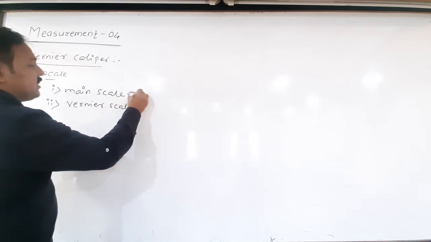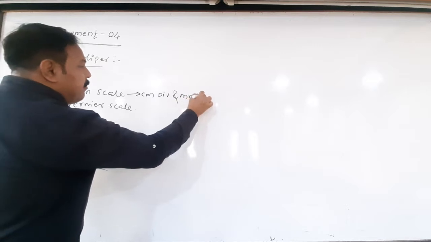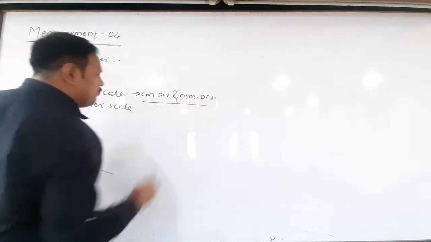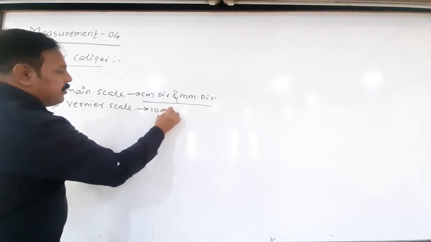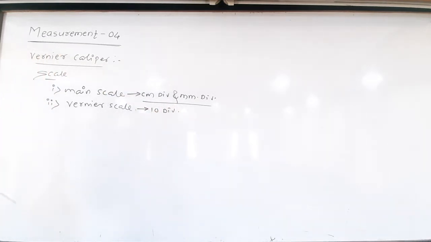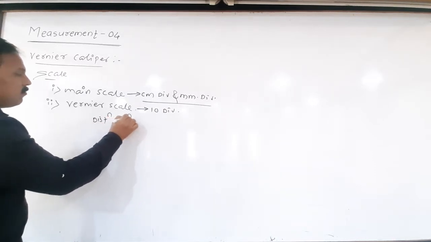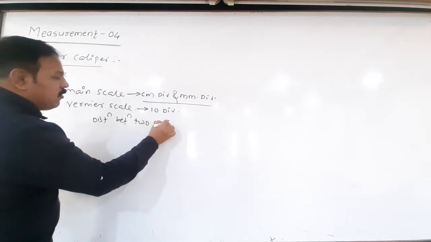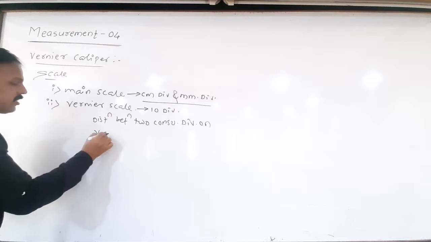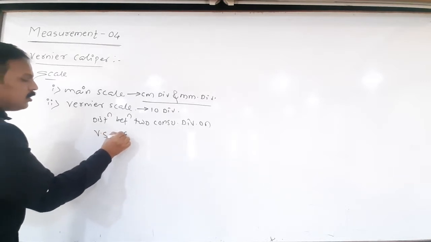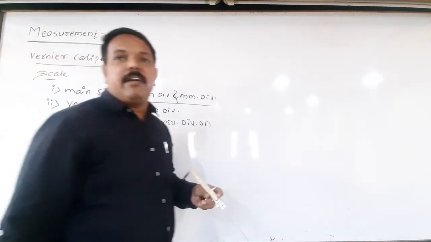So in the main scale, centimeter divisions are there and millimeter divisions are also there. And on the vernier scale there are 10 divisions, and the distance between two consecutive divisions on the vernier scale is equal to 0.9 millimeter. Remember this, it is important.